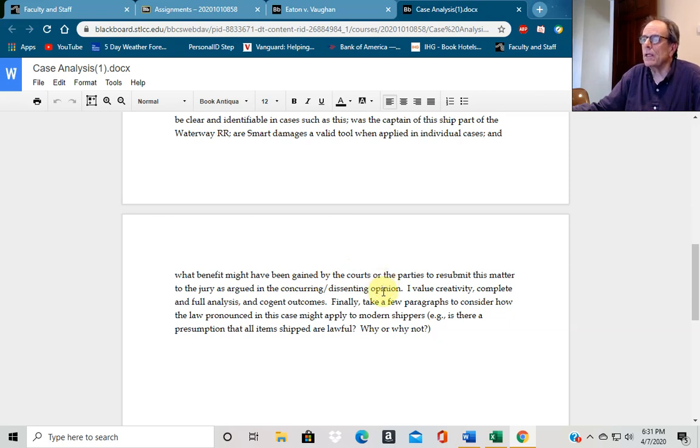And then finally, I want you to look at, what do you think the presumption is with a modern shipper? Do modern shippers think that everything is lawful, or do they have a duty to go in and scan everything and see exactly what's in it? You go to the U.S. Post Office, they ask you a couple of questions, and then they pack it up and they ship it.